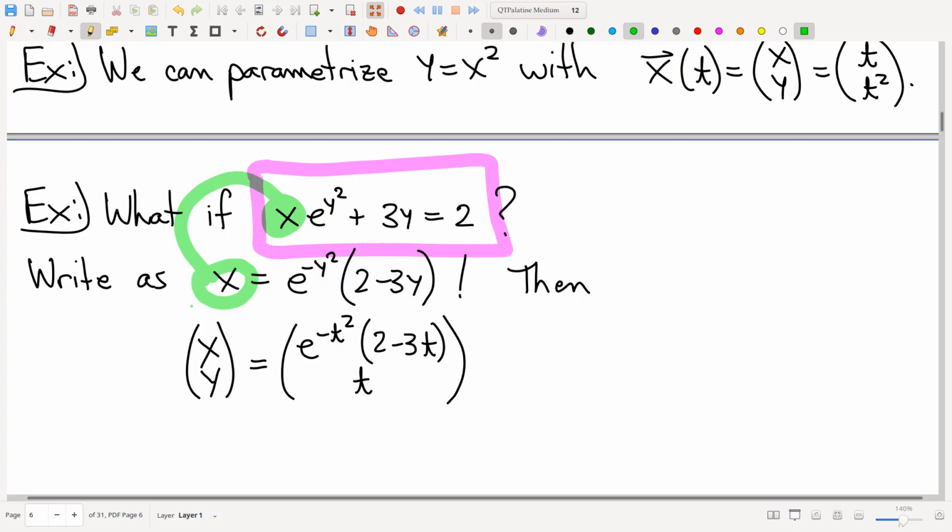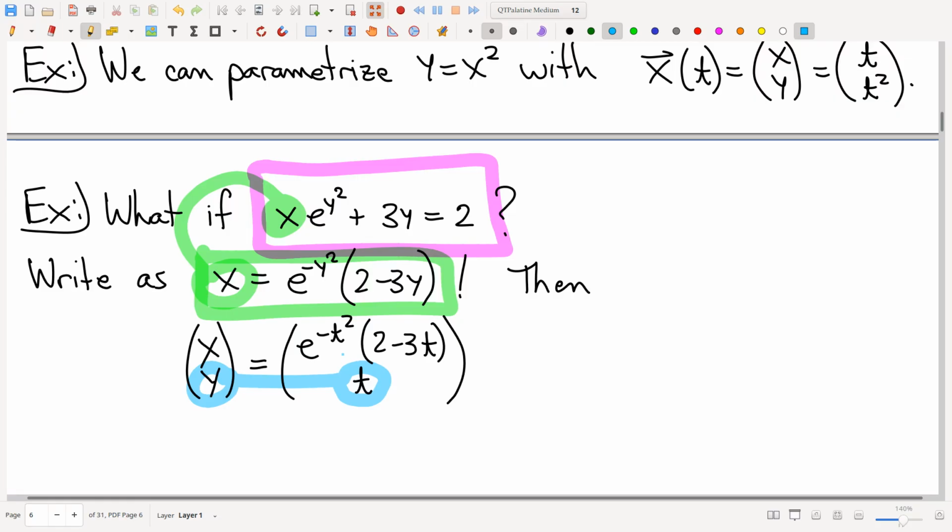And so now I have it in the desired form. This is one of the variables as a function of the other. x is written now as a function of y. And so, cool, graph parameterization kicks in. y is our input variable. We let that input variable be the parameter t, following the rule.